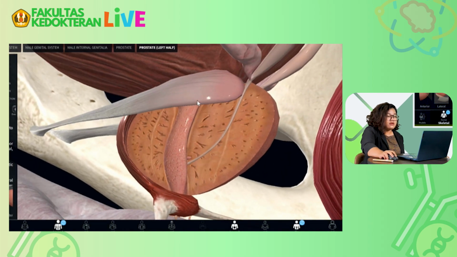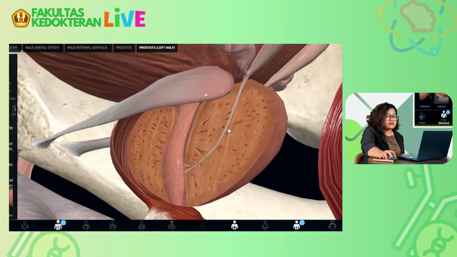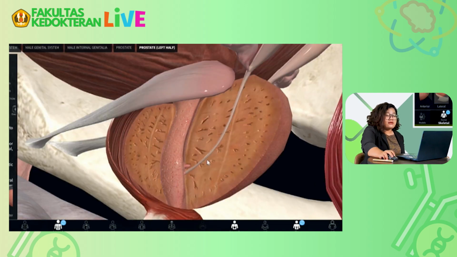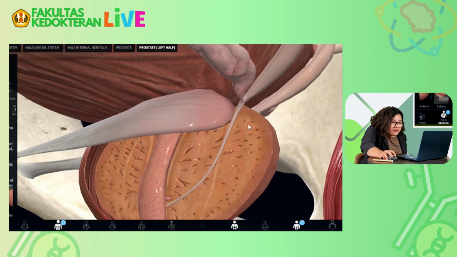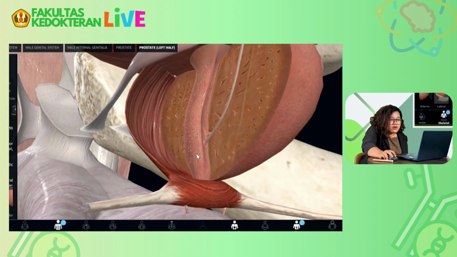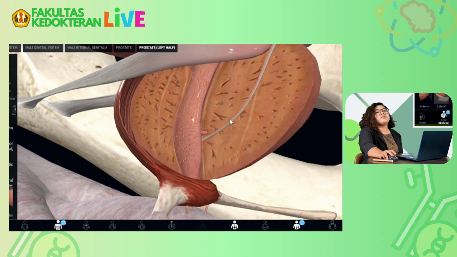These are the ejaculatory ducts, only approximately 2.5 centimeters in length. The course is mainly inside the prostate, and then it opens into the seminal colliculus. The seminal colliculus is the part of the prostatic urethra over here.